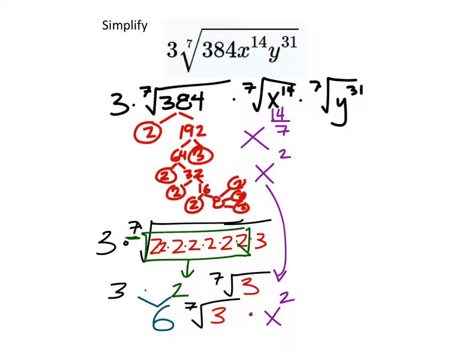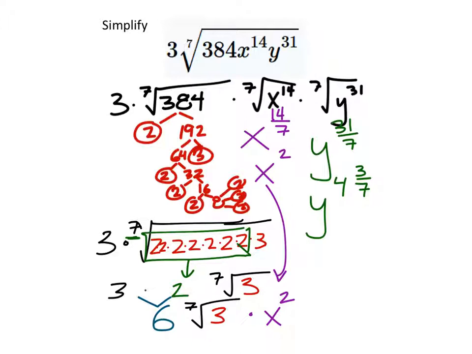Y to the 31st, though, is not as convenient, and that's okay. Because here's what we'll do: I'm still going to write it as a fraction, as 31 sevenths. But what I really want there is the mixed number. So this ends up being y to the power of 4 and 3 sevenths.